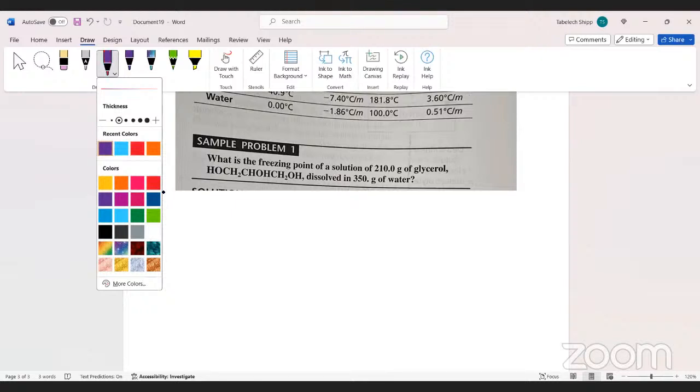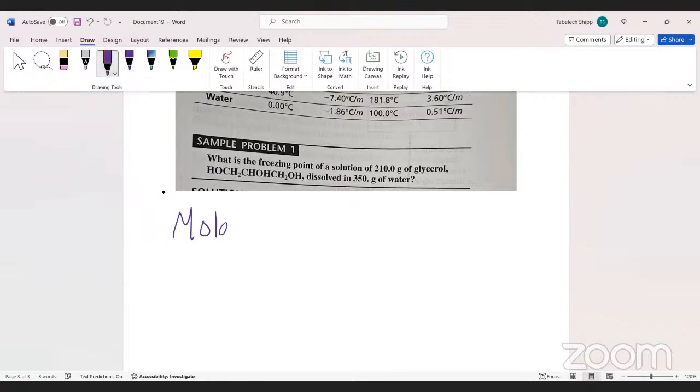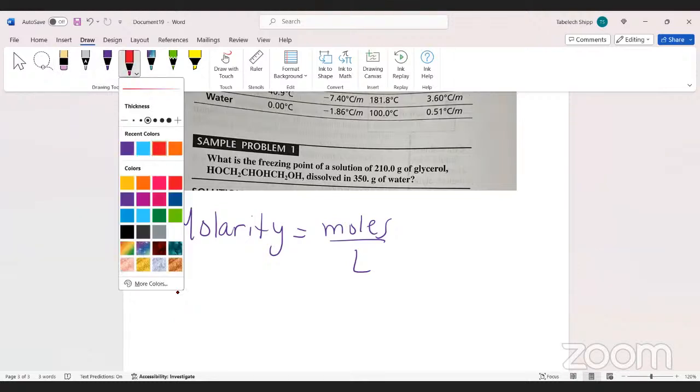Okay, so again, when I say molarity, if any problem dealt with molarity, it's the concentration of the solution. Molarity is moles per liter. But when I say molality, and let me put that in a different color so you all can see that, because there is a difference.